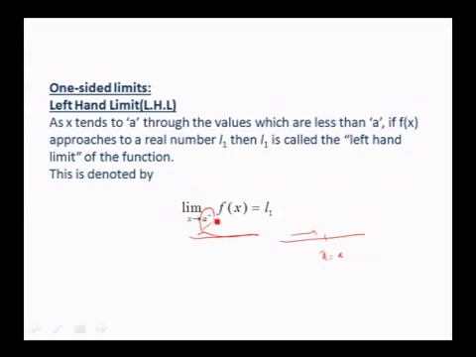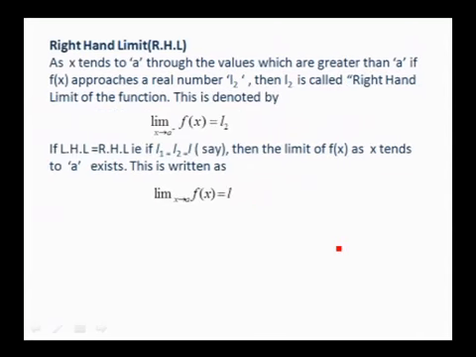So a minus means x tends to a from the left. On the other hand, if x tends to a from the right, that is, values of x greater than a, but tending to a from the right, then we say it is the right hand limit, and we denote this as limit of f(x) as x tends to a plus is equal to L2.